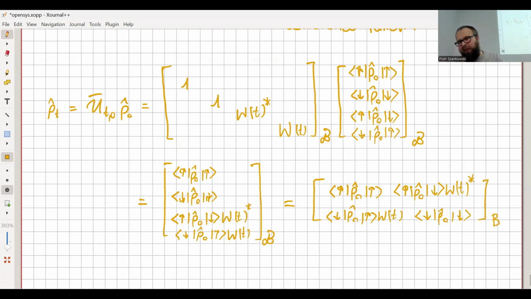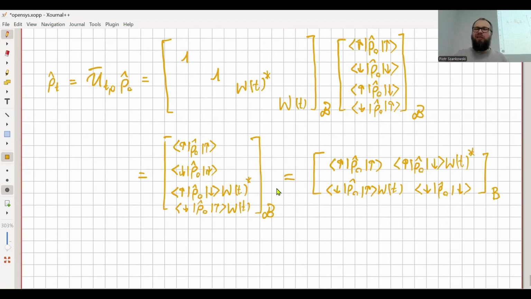But this is in the basis not calligraphic B, right? You can have all those different forms depending on what's more convenient.